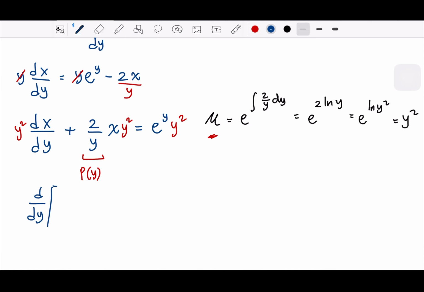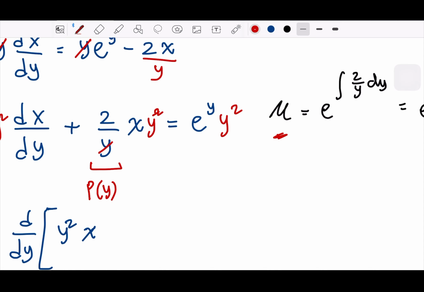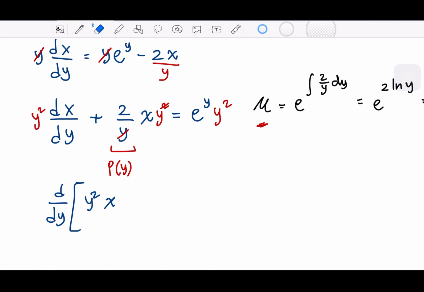We reverse the product rule, and we are going to have d dy of y squared x. Maybe erasing this with this to make it clear. So this equals e to the power of y squared. And now we can integrate both sides.